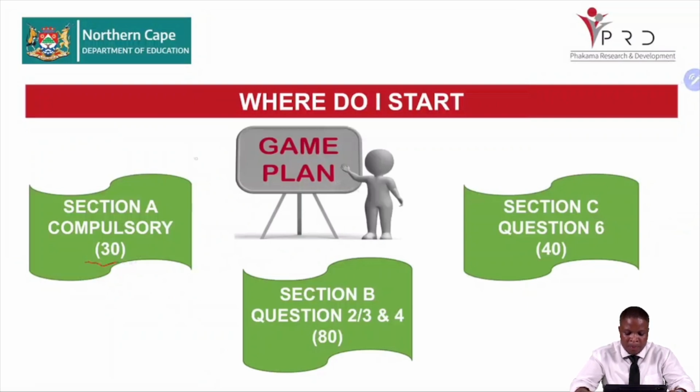Then section B, we're going to plan. If we understand the microeconomics, question 2 is our question. When you understand microeconomics, it means you have mastered the markets, perfect markets, imperfect markets, and the market failure. Or you can answer question 3 if you have mastered the issues, inflation, tourism, and environment, then you answer with 4.